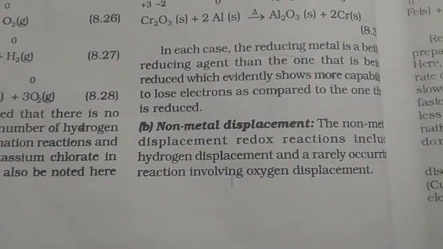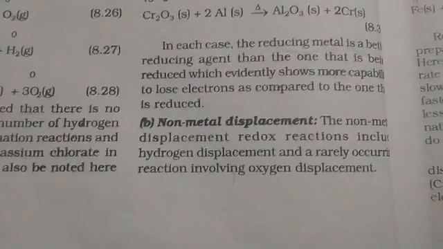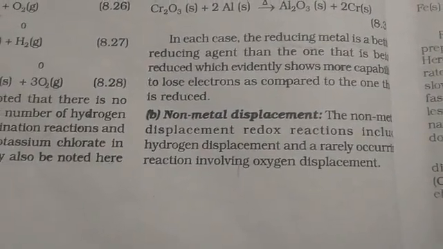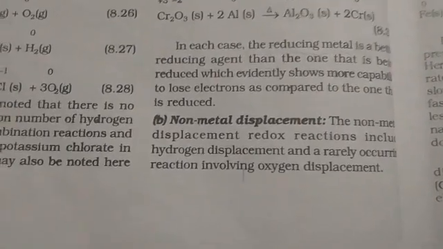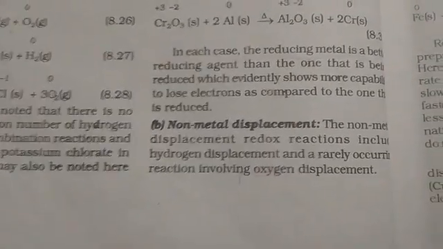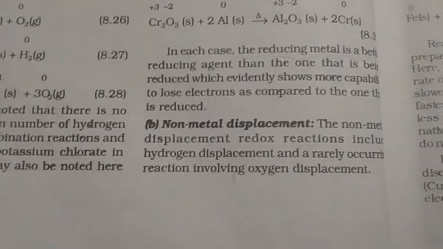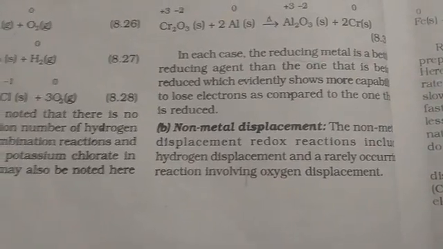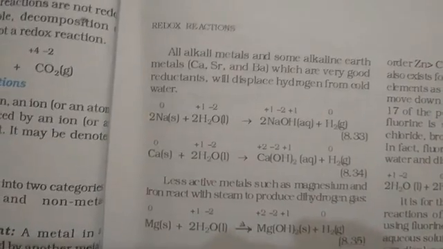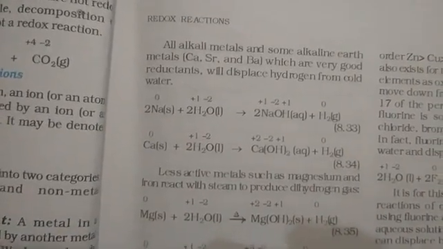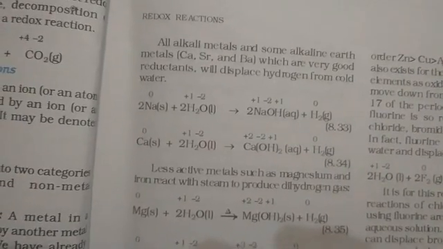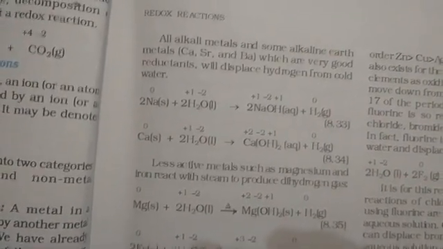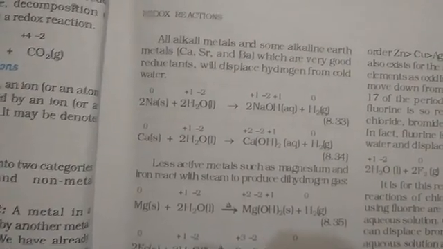Now the second part of displacement reaction is non-metal displacement. In this displacement reaction, hydrogen is displaced, and rarely in some cases oxygen is also displaced. Here you can see an example, 8.33: sodium plus H2O gives sodium hydroxide plus H2.